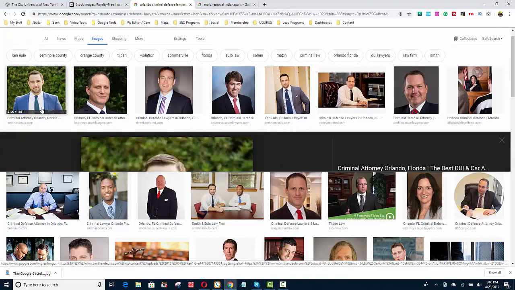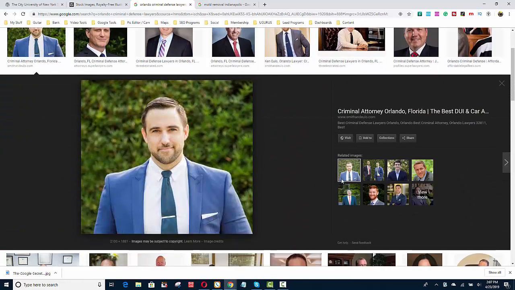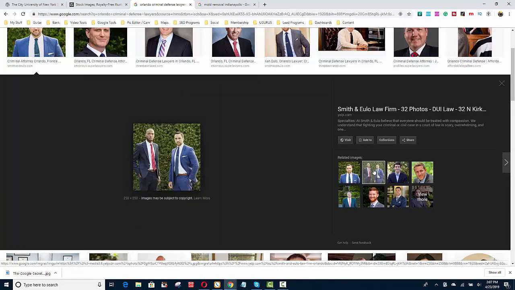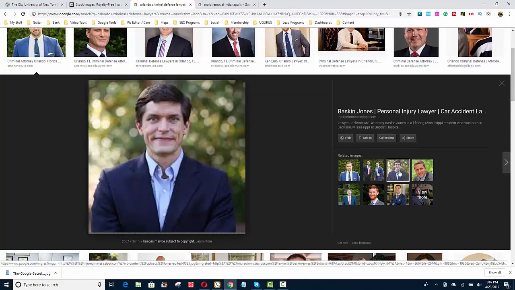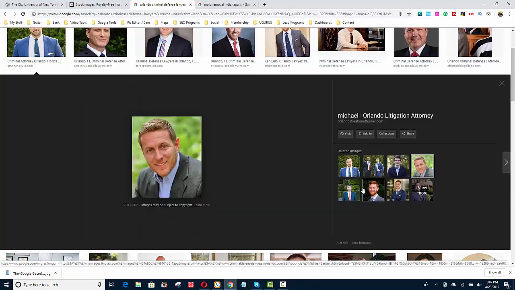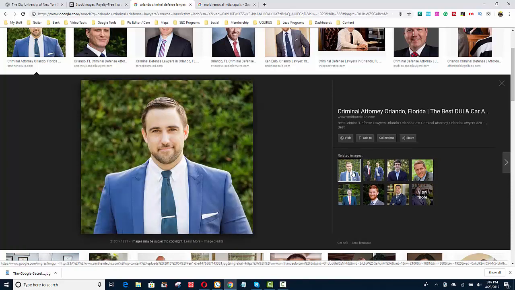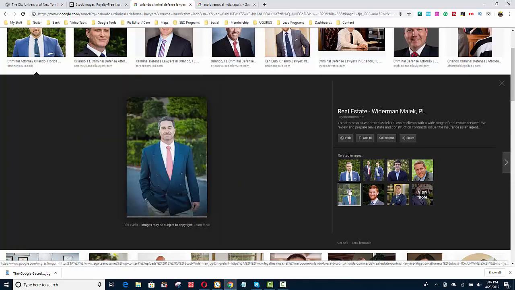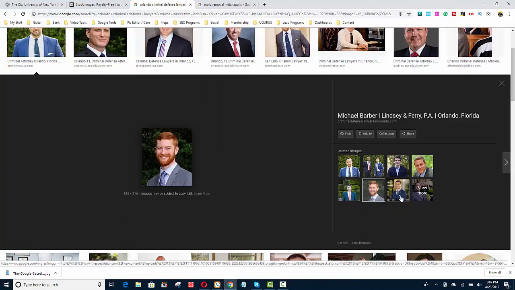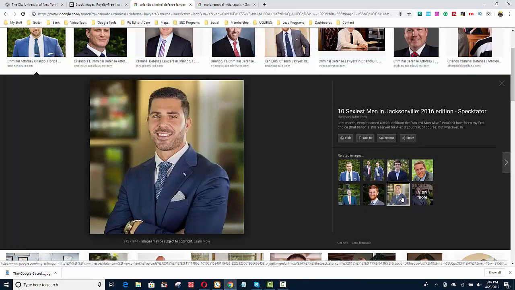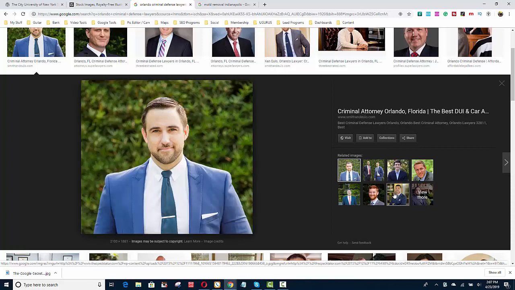If I click the first picture and I see related images, these are the related images. I see this fella, I see him and his partner, and I'm seeing other lawyers. In fact, this fella looks like this fella, right? That fella has a little beard and short hair, and he has a beard and short hair. And that's another guy that kind of looks like that guy.